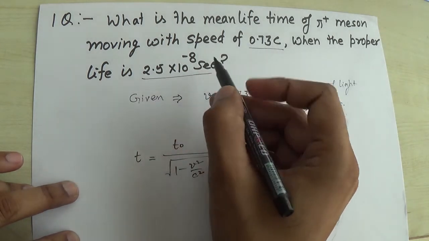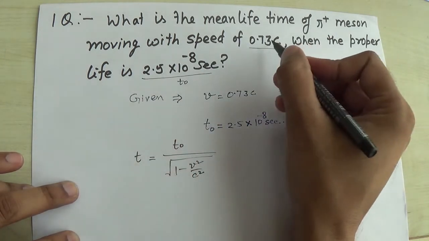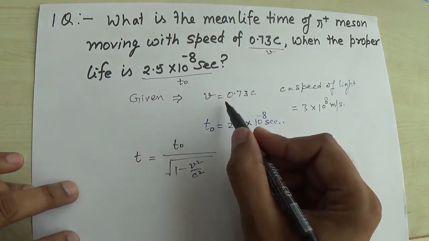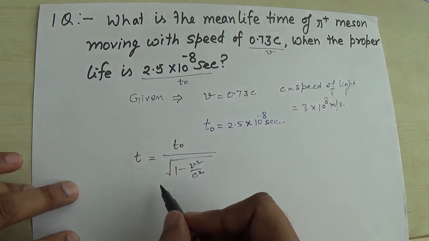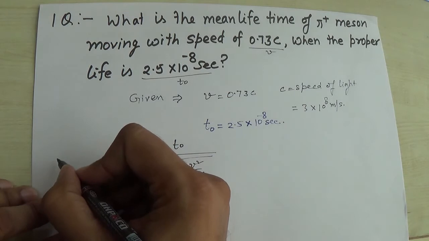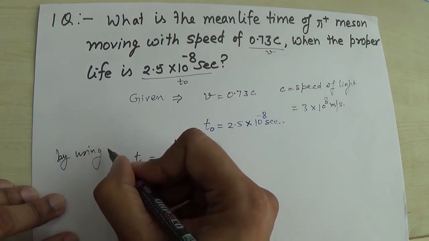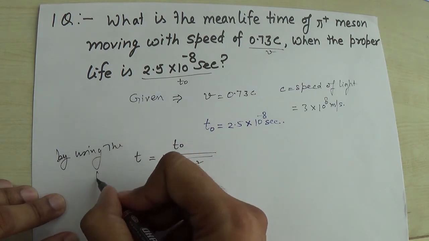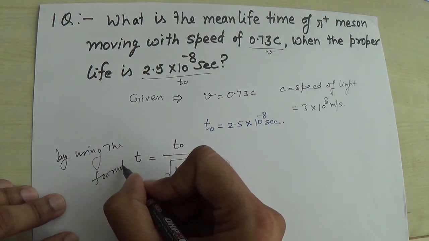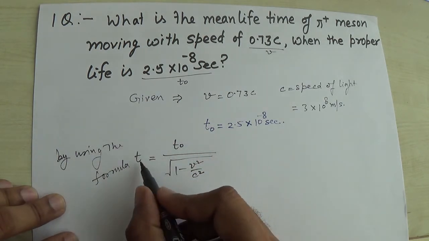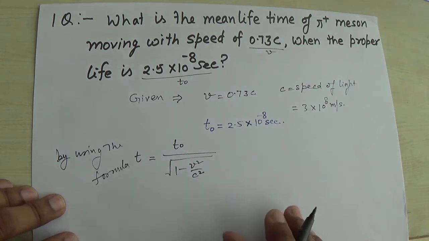Proper life is denoted by t naught, and this is the velocity. So given the velocity and t naught, now by using this formula for time dilation, it is equal to t naught.